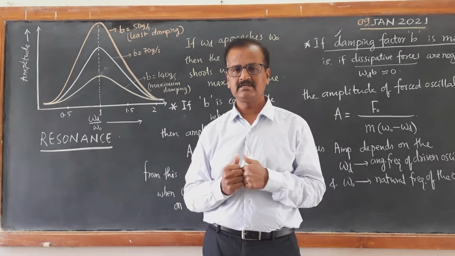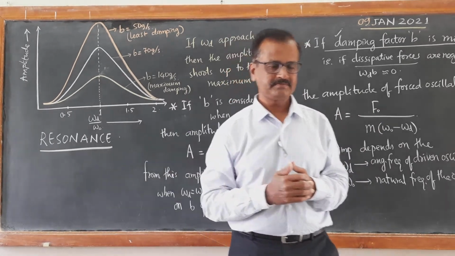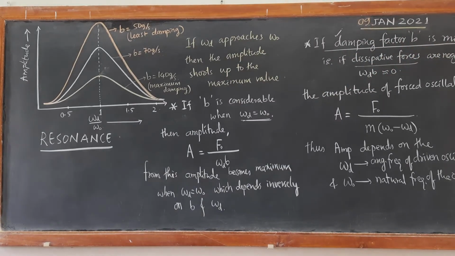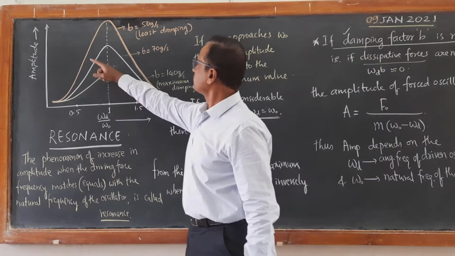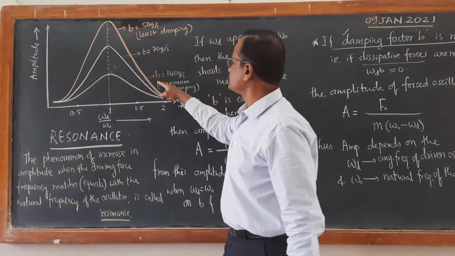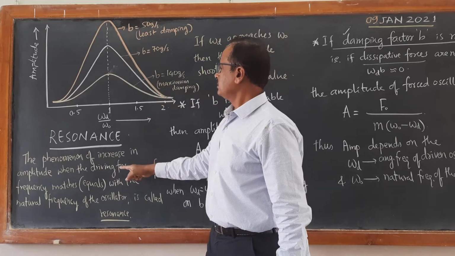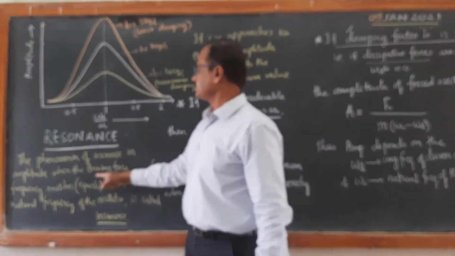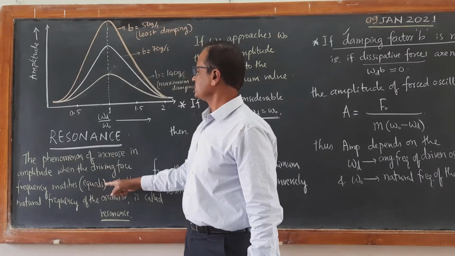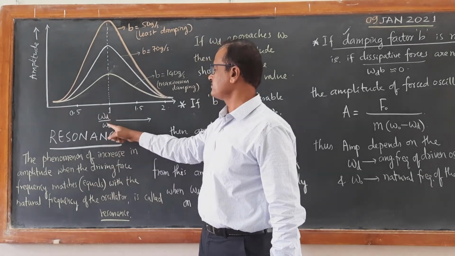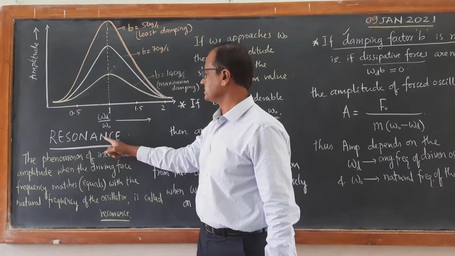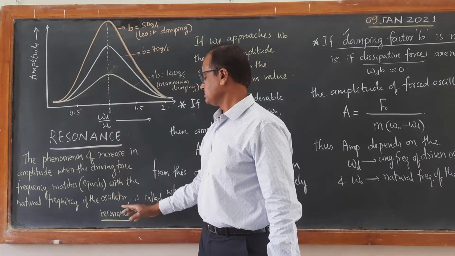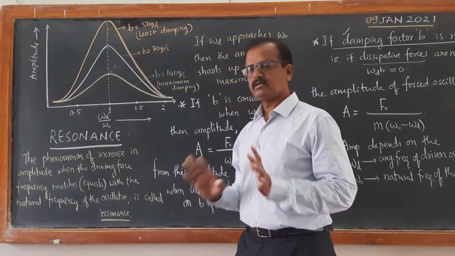Now we can write the meaning of resonance. So now we can define what is resonance. The phenomenon of reaching maximum amplitude when the angular frequency of the driving force matches with the natural frequency of the oscillator is called resonance.